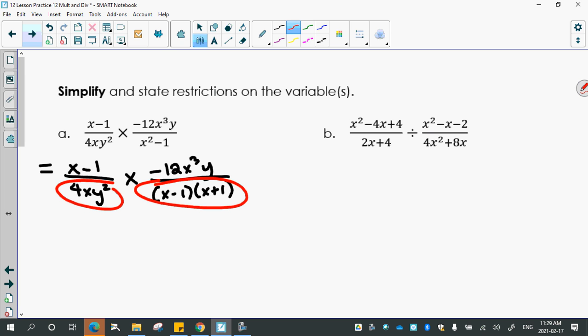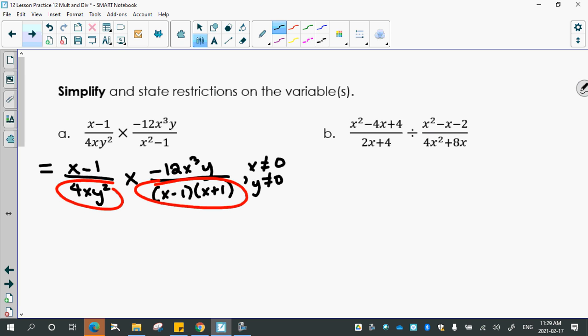That doesn't matter. I can divide by x as long as x is not 0, because 4 times 0 times something squared is still going to give me 0. I can divide by y squared as long as y is not 0 again. So I've taken care of that denominator.